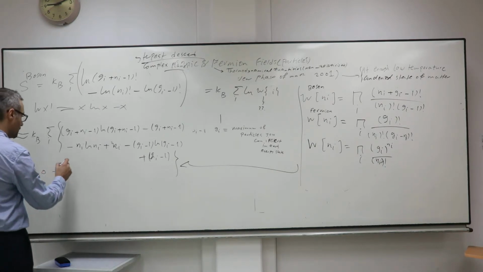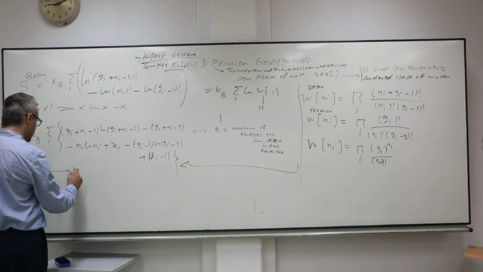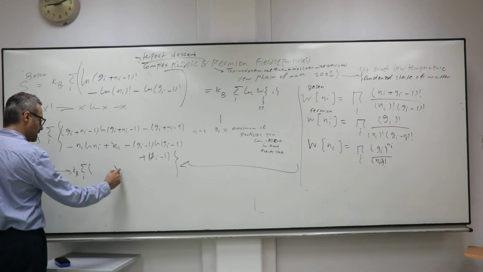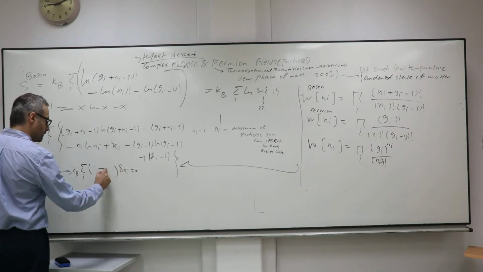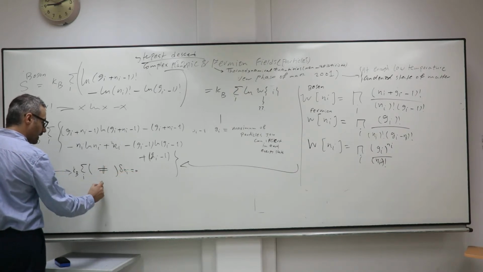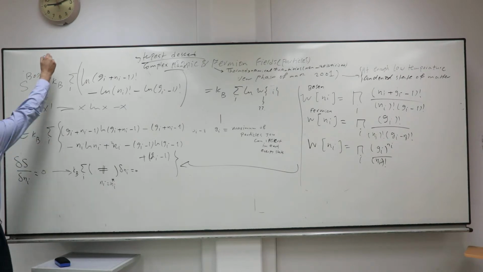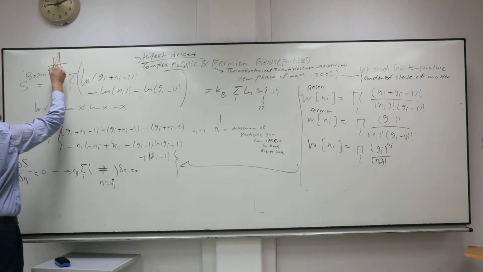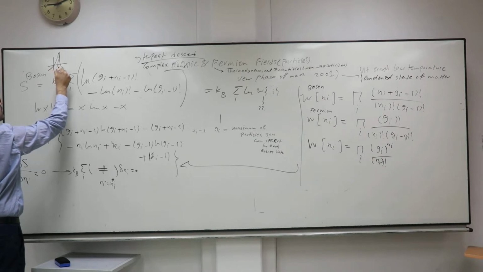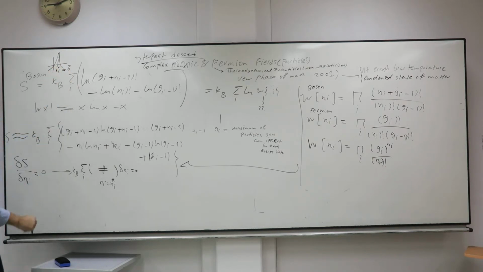If you do this variation, it will be something, delta S over delta Ni equals 0, for Ni equal to Ni star, the maximum, which will make the entropy S maximum, exactly the peak here. This can be Ni star, or as I told you, it can be E bar, the maximum.